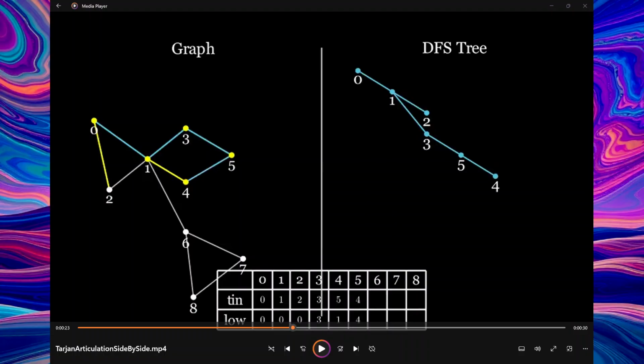So let's number these 0, 1, 2, 3, 4, 5, 6. Okay. The low of G is 0, but the time of entry is 1.